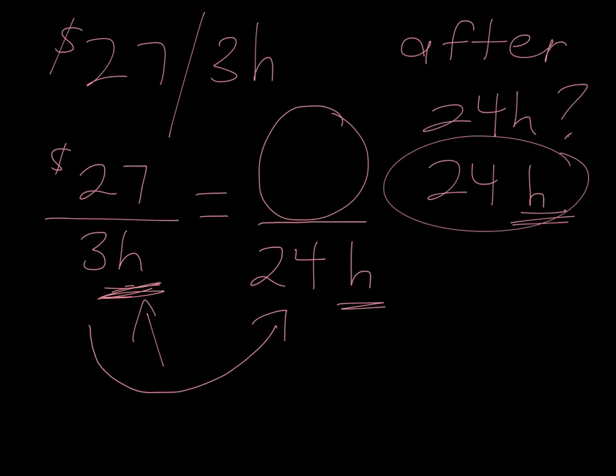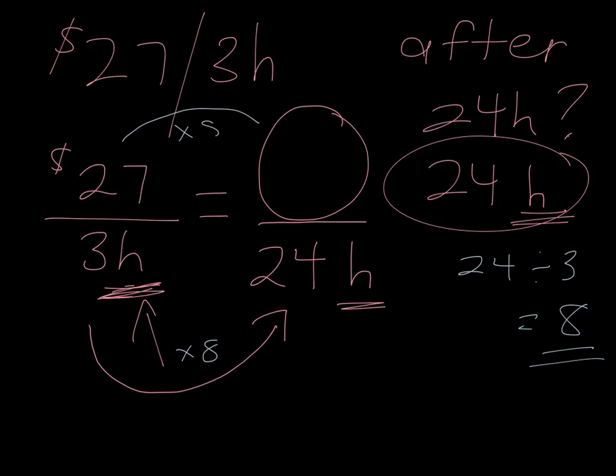What am I multiplying by? Well, I know that 3 times 8 is 24. What if I didn't know that? What if I had no clue about my multiplication? Just work backwards. Just as a reminder, 24 divided by 3 equals 8. And that's how you'd get your scale factor. So 3 times 8 equals 24. Whatever I do to the bottom, I do the top. I have to have the same scale factor.